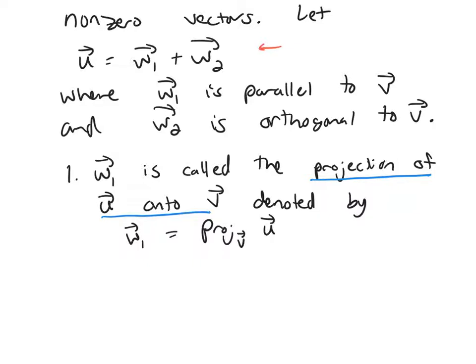So you have the vector U here, and then you have this subscript, which is the vector V. So it's the projection of U onto V.